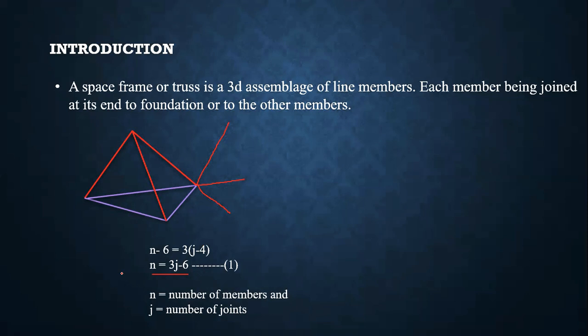This equation gives the minimum number of members required to build a stable truss. If n equals 3j minus 6, this gives the number of members required to form a stable truss or frame. If it is less than this, it means it is unstable, or if it is more than this, then it means it is an indeterminate structure.